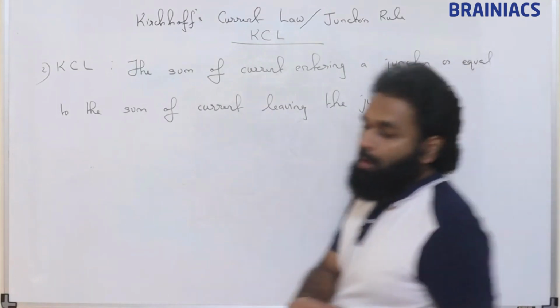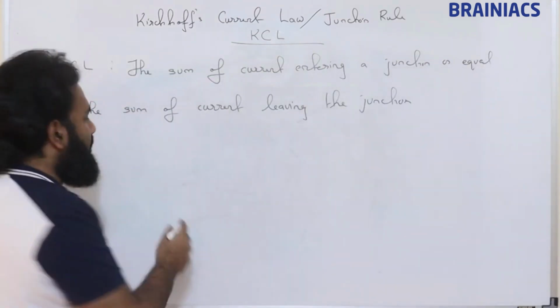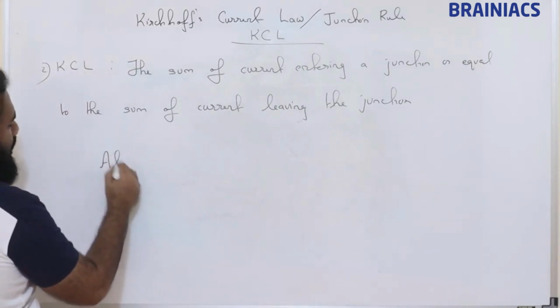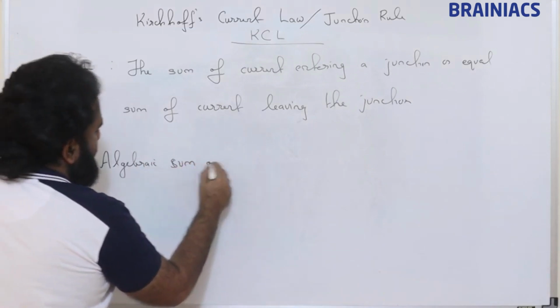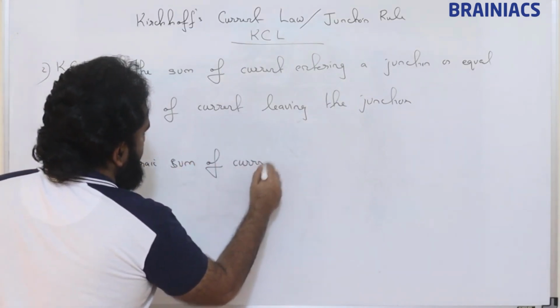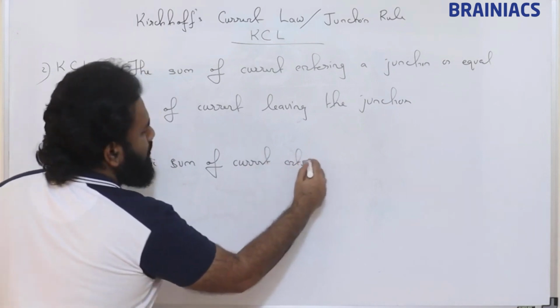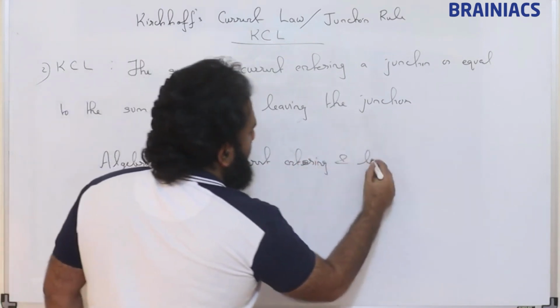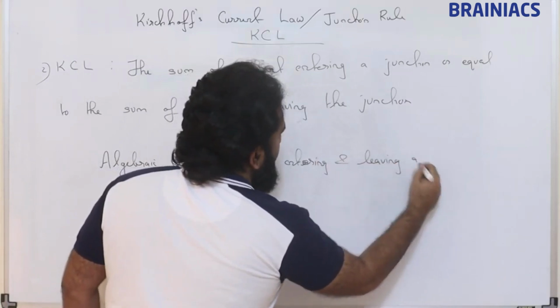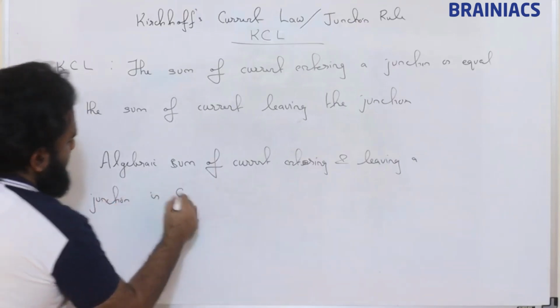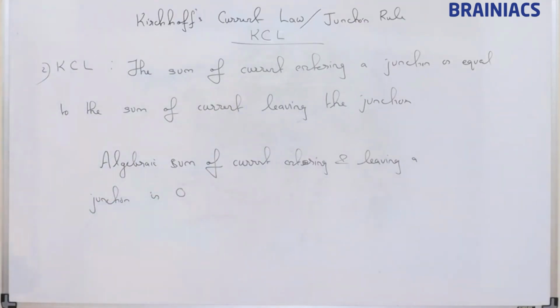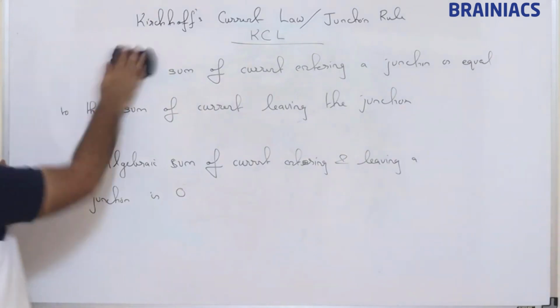This is the definition. Or simply we can say the algebraic sum of current entering and leaving a junction is 0. So this is the definition of Kirchhoff's current law. Okay, clear?